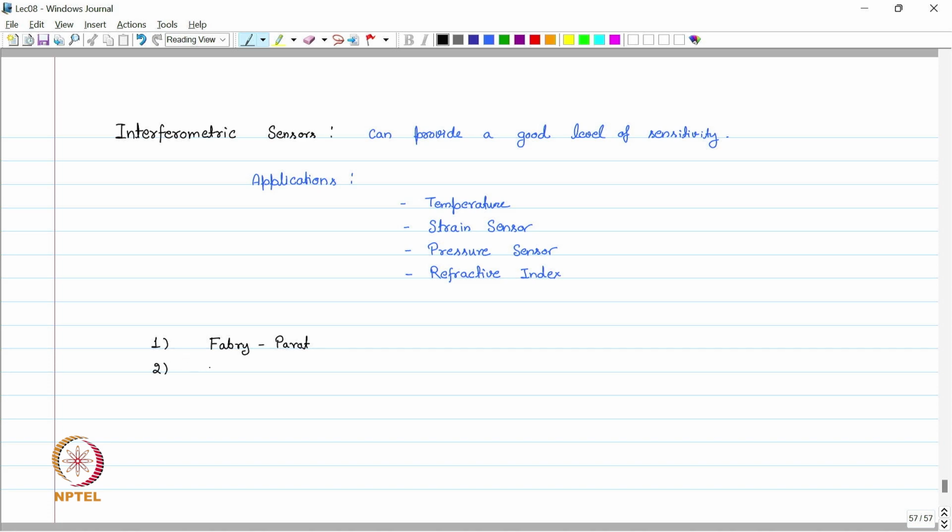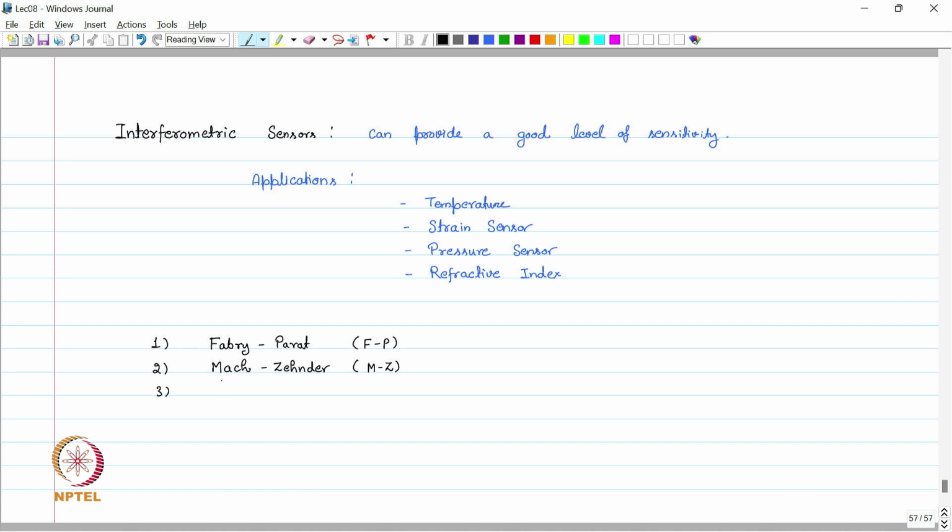The second is Mach-Zehnder sensor, or we can call it MZ sensor.